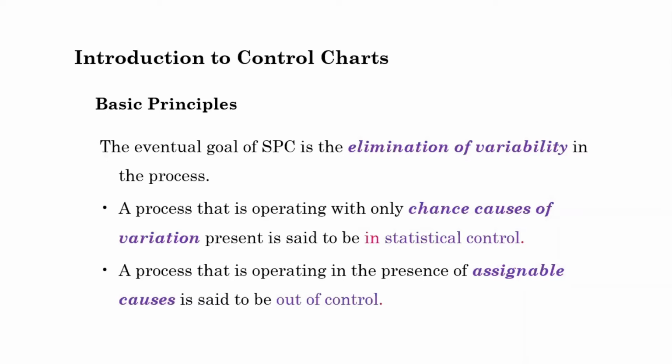For example, if we say that a shaft is supposed to be 10 centimeter, then if you have two shafts that are measured to be 10 centimeter, it doesn't mean that they are identical. They might be the same, but they are not identical.